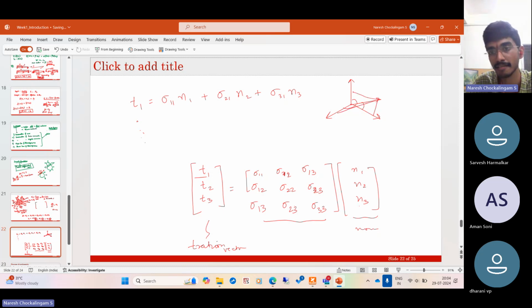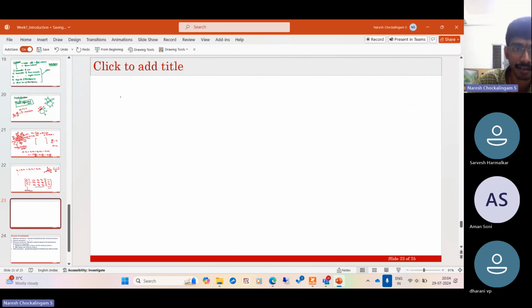So it will be something like 1, 1, 1. But this is not a unit vector, so divide by its magnitude, which is square root of 3. So the normal to that plane is 1 by square root of 3, 1 by square root of 3, 1 by square root of 3. This is the normal vector, right?